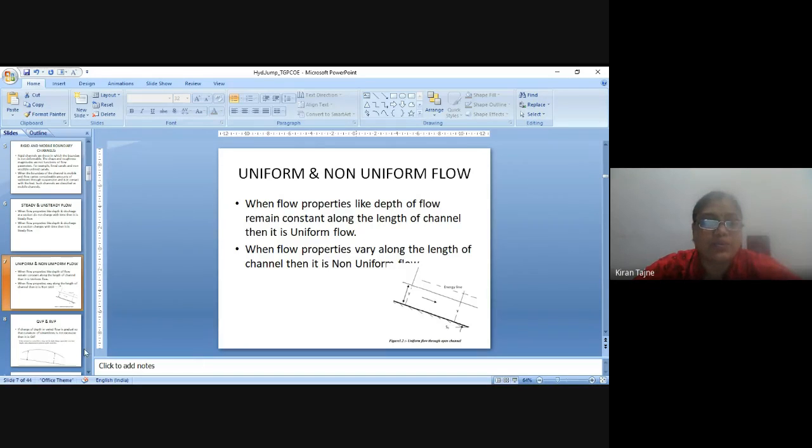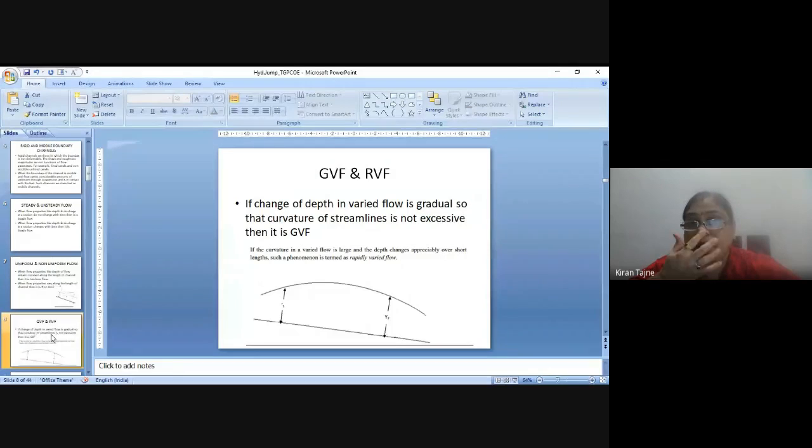There are two types of non-uniform flow: gradually varied flow and rapidly varied flow. If the change of depth in varied flow is gradual, so that the curvature of the streamline is not excessive, then it is called gradually varied flow.